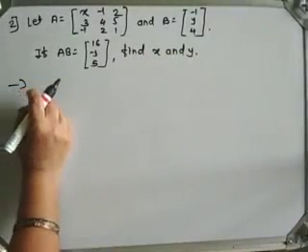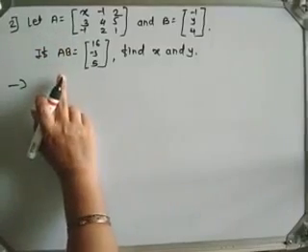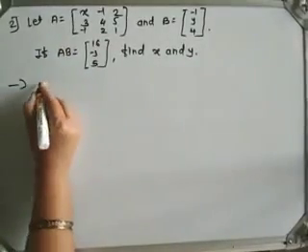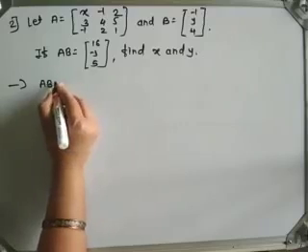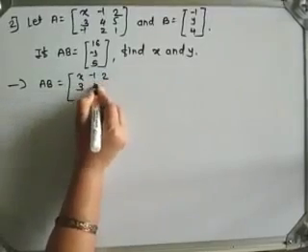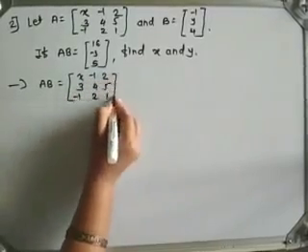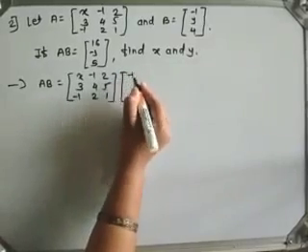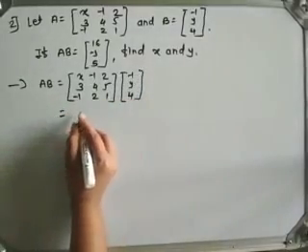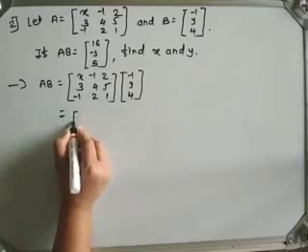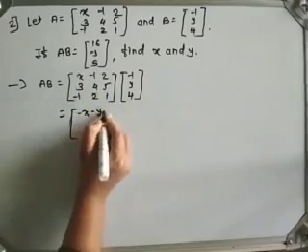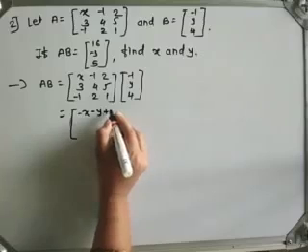See here, we have been given matrix A and the product matrix AB. Then we have to find x and y. First we compute the product matrix A into B. Matrix A is [x, -1, 2; 3, 4, 5; -1, 2, 1] into B, the matrix [-1; y; 4], which is equal to the matrix with first row minus x minus y plus 2 into 4 is 8.